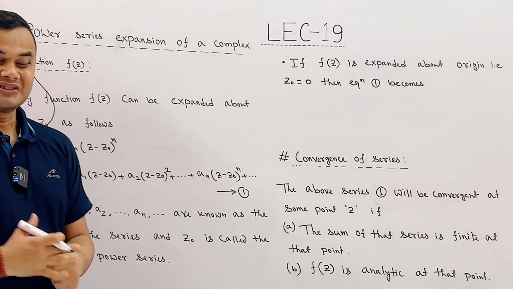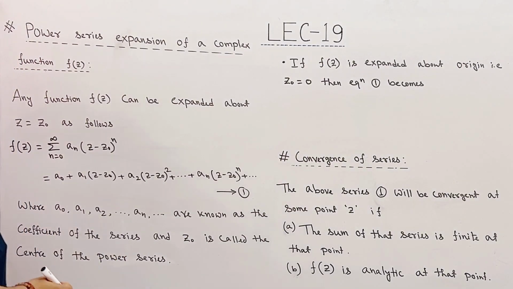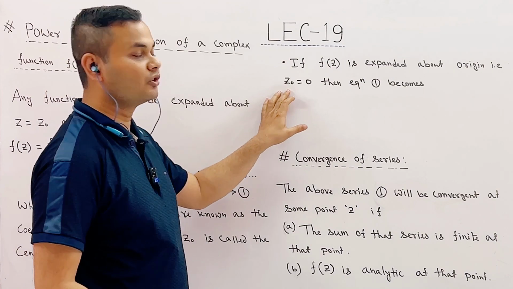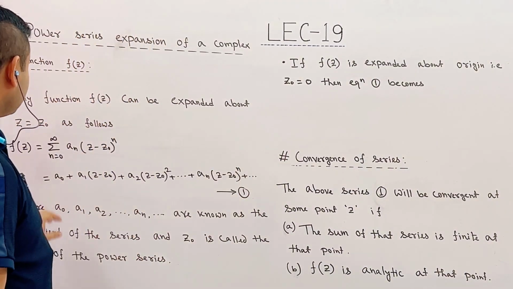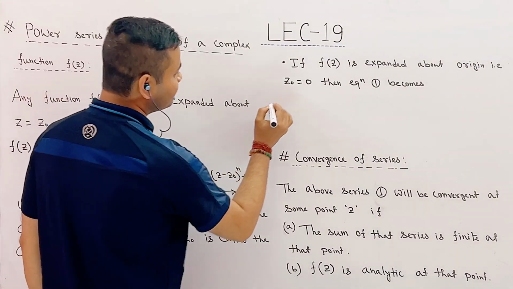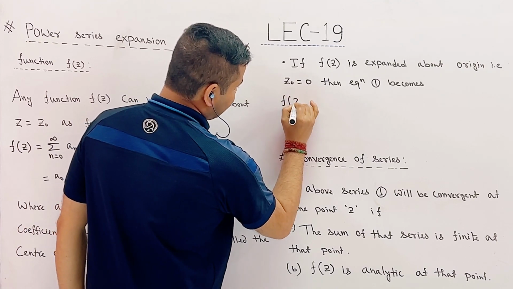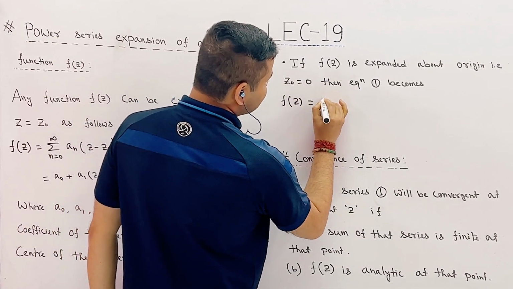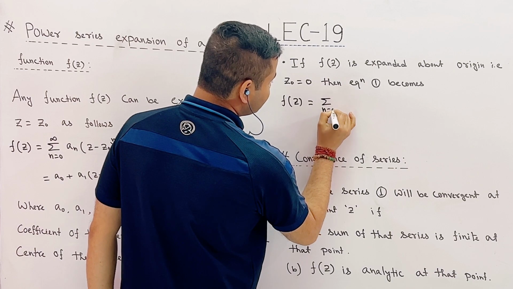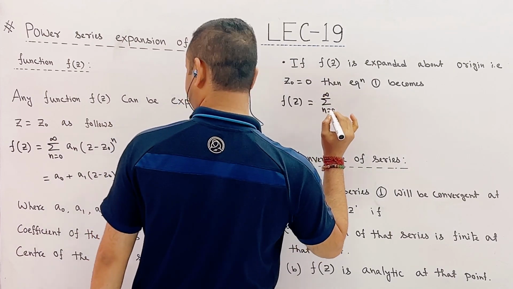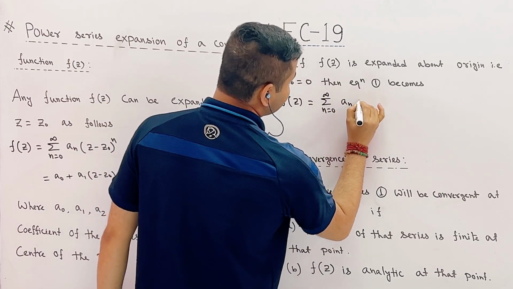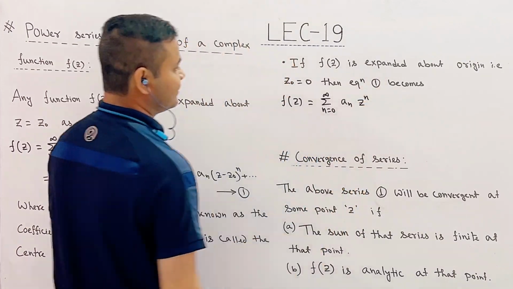Now let us consider one special case where we are going to expand f of z about the origin, that means about z naught equal to 0. So in this case, equation 1 will take the following form. f of z is equal to summation n goes from 0 to infinity a n into z to the power n.